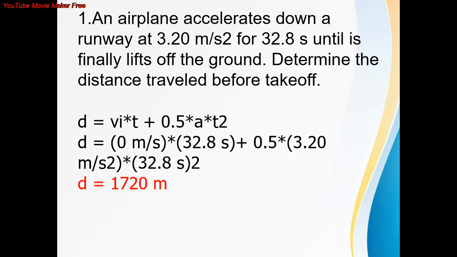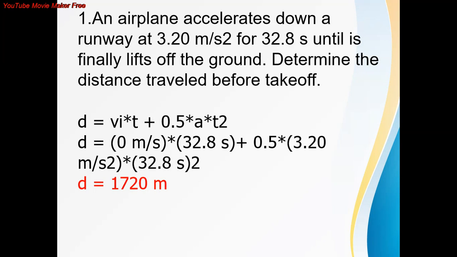In this case, we have to find the distance of the aeroplane before it takes off, right? So here we know that the initial velocity of the airplane is 0, vi is equal to 0, time is equal to 32.8 seconds, and acceleration is also given, 3.2 meter per second square, right?